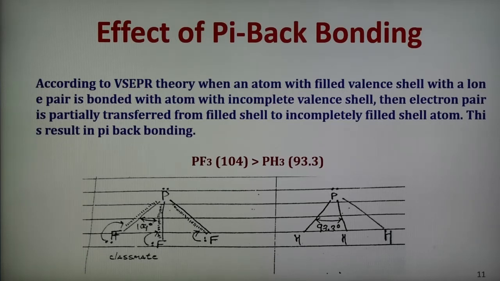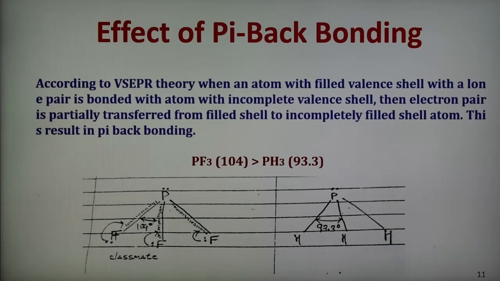A double bond has more repulsive power than a single bond, therefore the bond angle is greater, that is 104 degrees, due to more repulsion in the bonds. While in case of PH3, pi back bonding is not possible because phosphorus has an incomplete shell that is ready to accept an electron pair, but the hydrogen atom does not have a lone pair of electrons to donate.